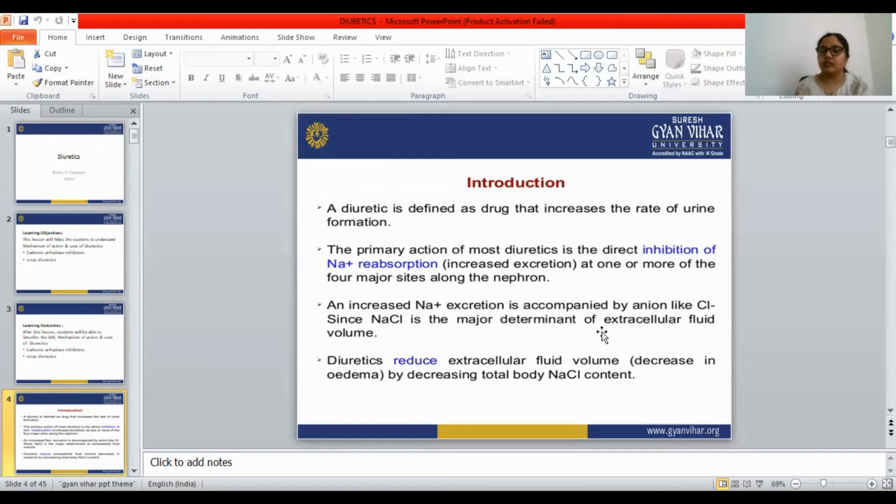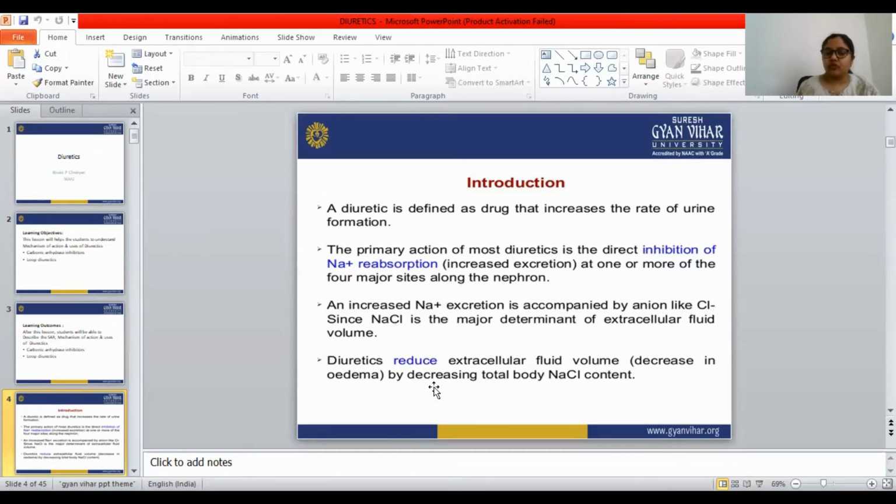So diuretics inhibit sodium reabsorption, which means they increase sodium excretion, and this sodium excretion is accompanied by Cl. Diuretics reduce the extracellular fluid volume by decreasing total body NaCl content.